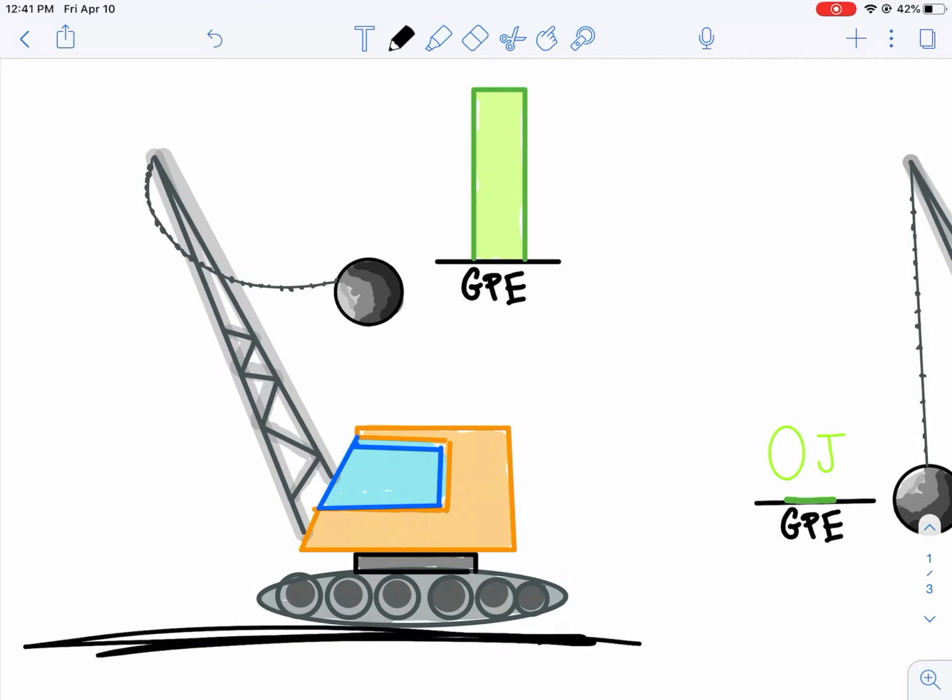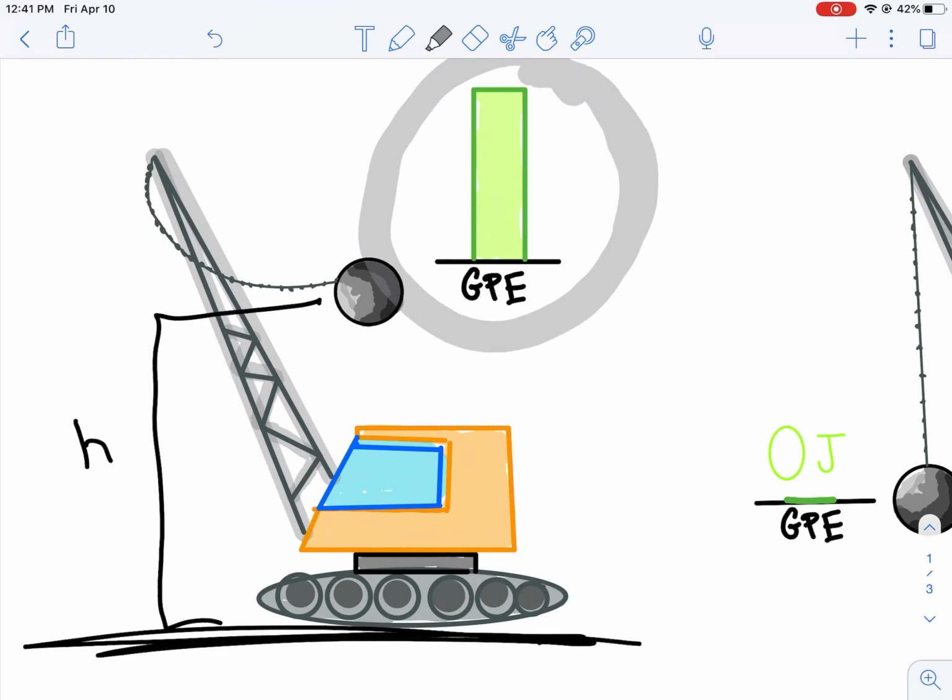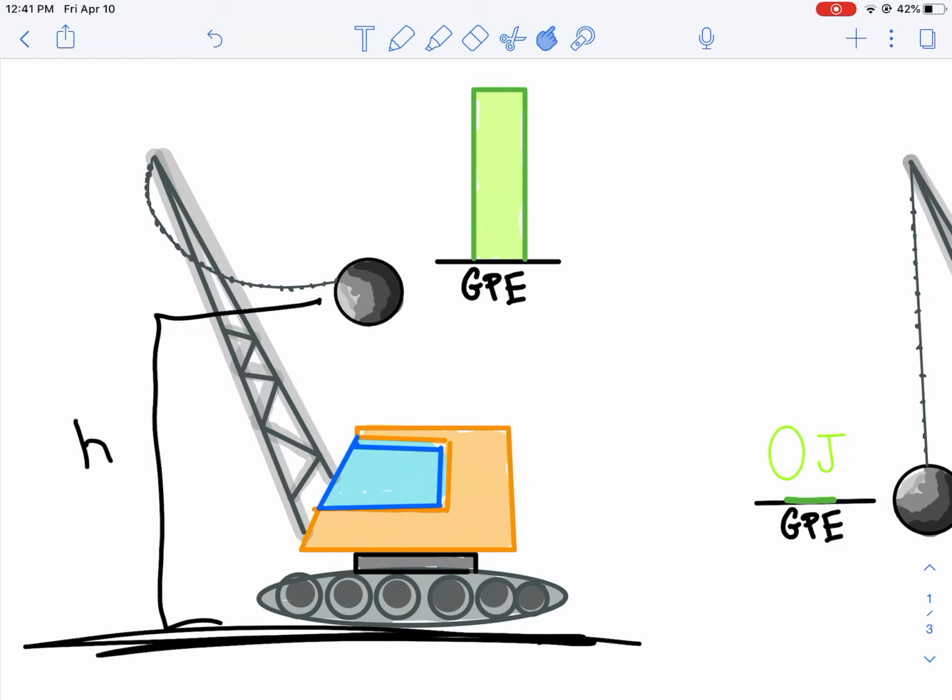We all live on planet Earth, and in most physics scenarios, if you bring an object to a height, you are lifting it up inside of Earth's gravitational field, and so you have now given it some gravitational potential energy. So gravitational potential energy is the energy that an object has because of its height in a gravitational field.